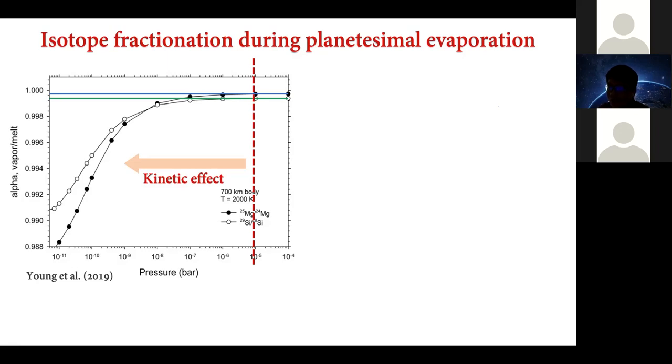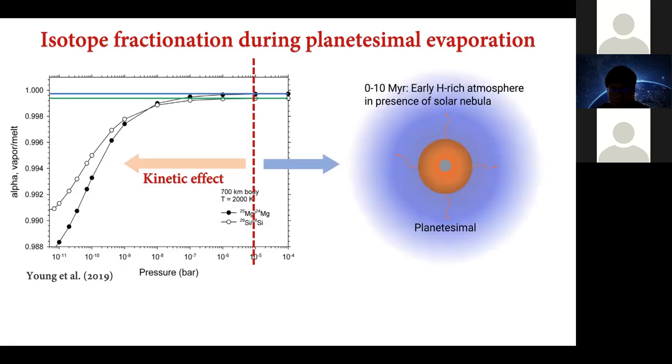This cannot be used to explain the negative sulfur isotope composition of the bulk silicate Earth relative to chondrite. When the pressure is high enough, for example, 10 to the power minus 4, the net isotope fractionation will be equal to the equilibrium isotope fractionation between vapor and melt. This case corresponds to the early environment in which solar hydrogen had not dispelled.